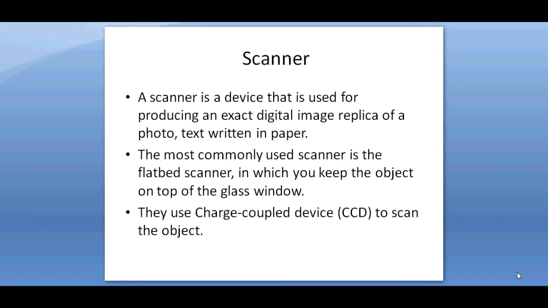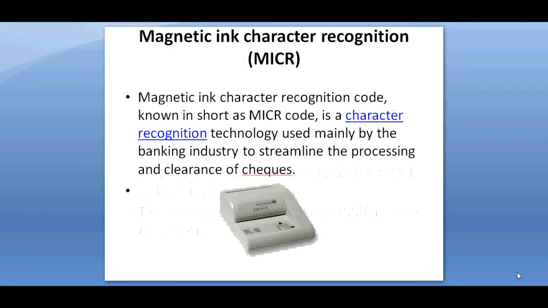Light sensitive photosites arrayed along the CCD convert levels of brightness into electronic signals that are then processed into a digital image.